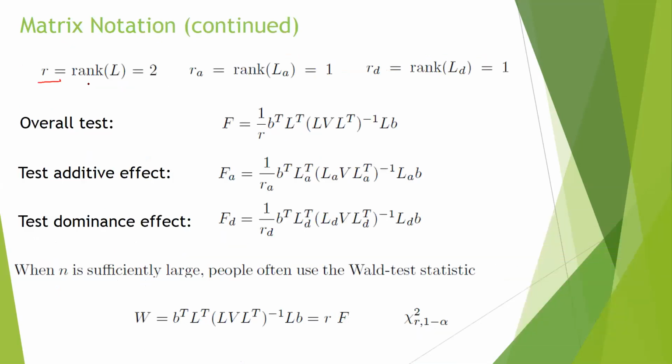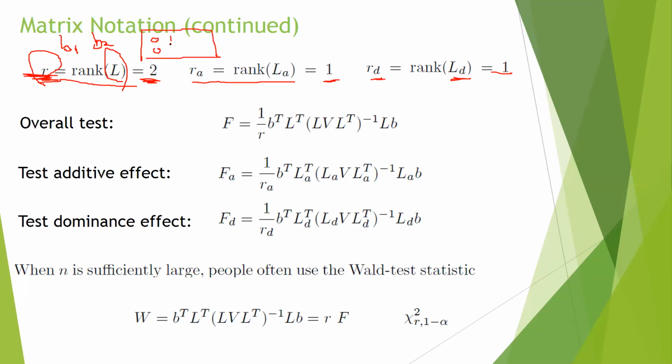And here, when we talk about the design matrix, there's a rank. Each design matrix has a rank. For example, for the dominant effect only, that design matrix has rank equal to 1, and so does the additive design matrix. But when we want to test B1 and B2 simultaneously, do you still remember that matrix? It's something like this.